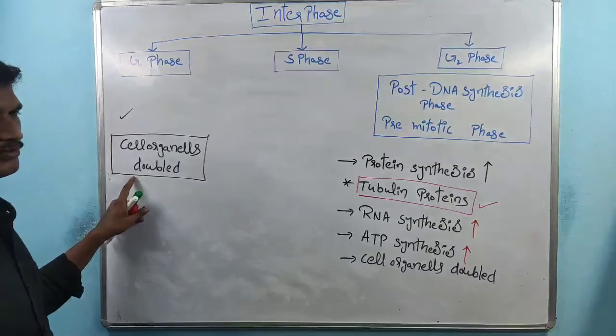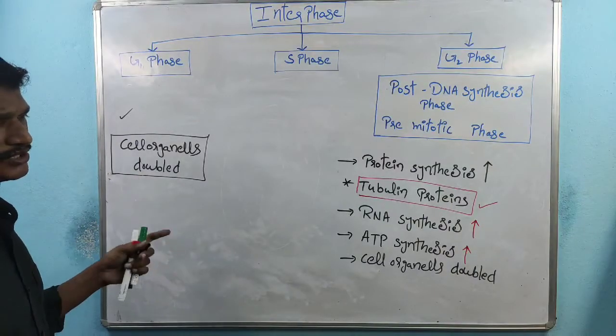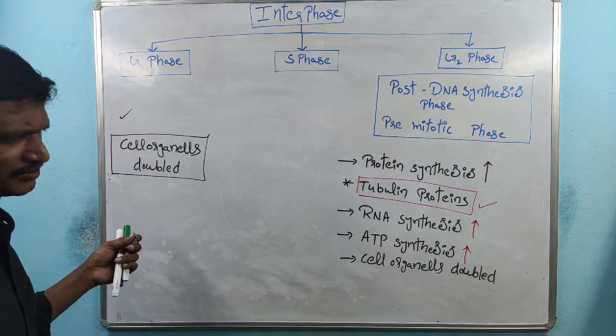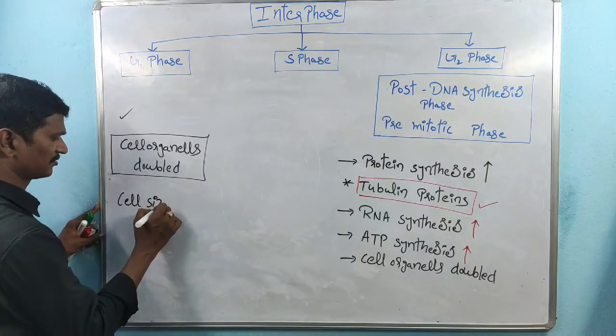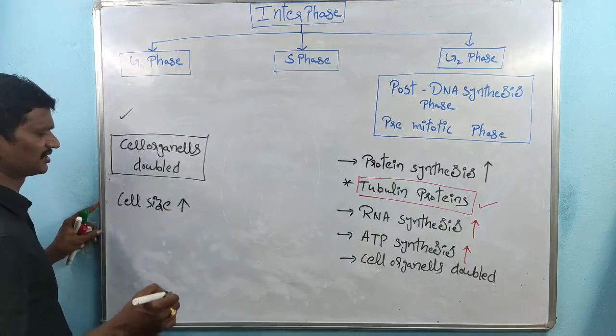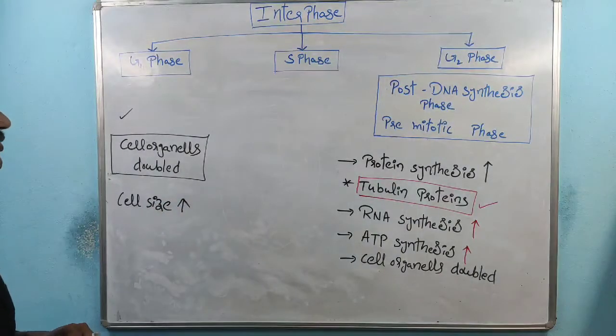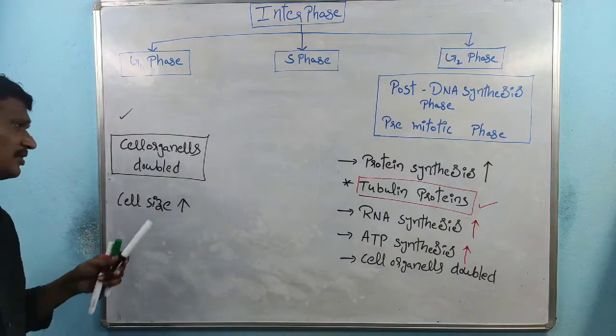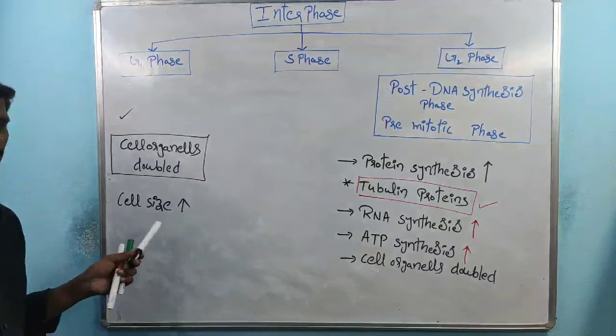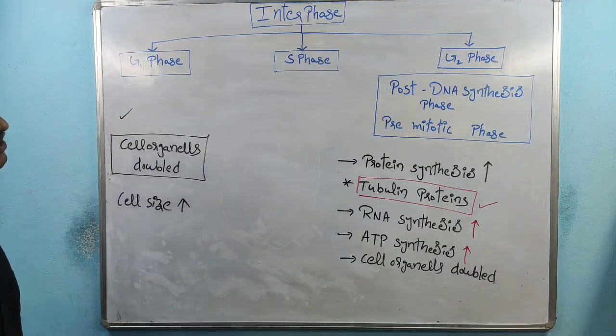We are following this one. When cell organelles are doubled, the cytoplasm content is increased, so the cell size is increased here. In which phase? G1 phase. Then add these 2 points to the G1 phase: cell organelles are doubled and cell size is increased in G1 phase.